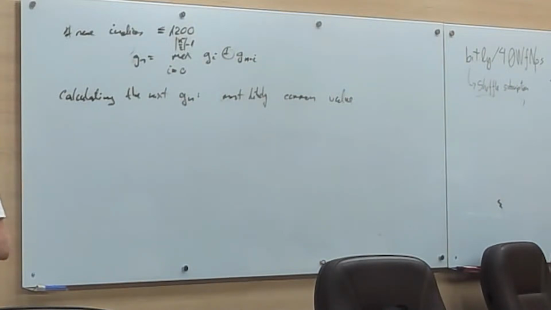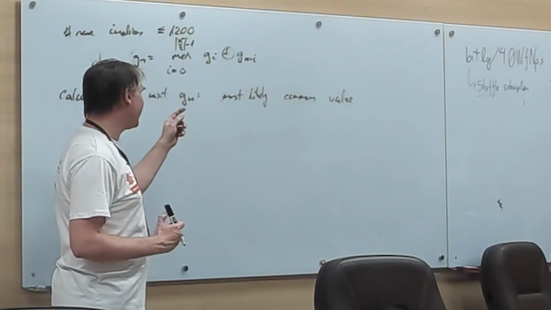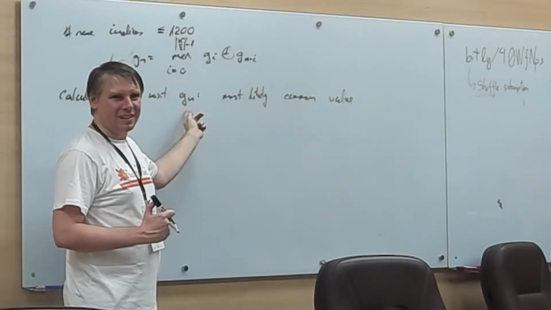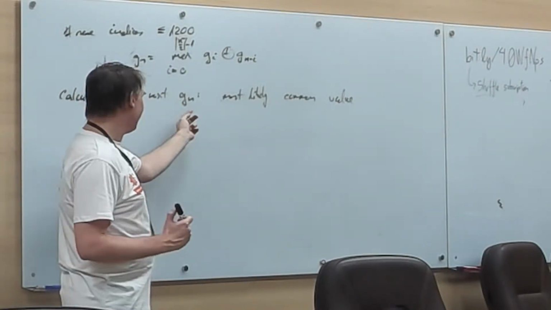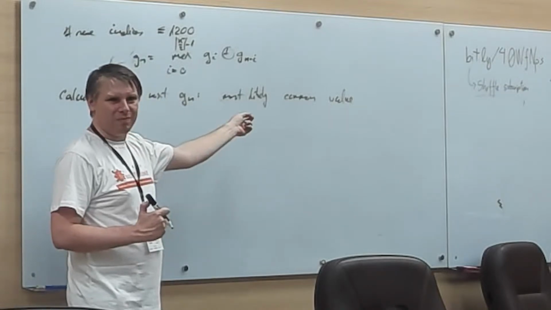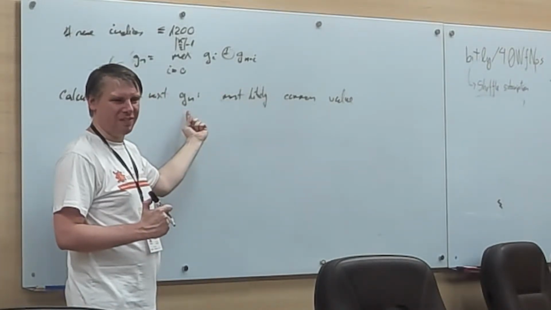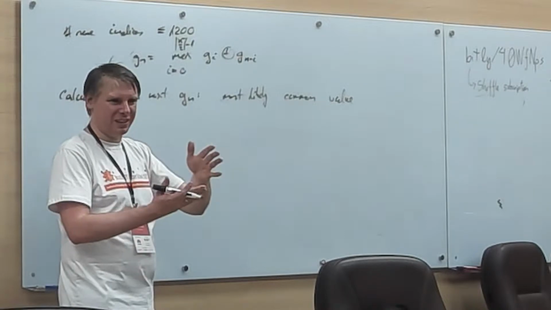Okay, so we want to find our candidate for this value. We want to find a common value which is as small as possible and not excluded.